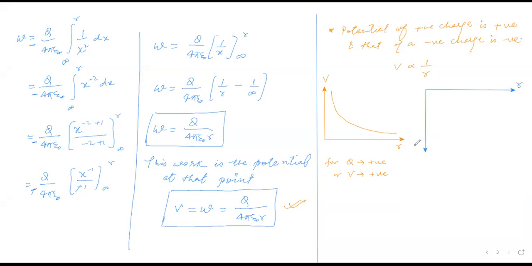This is your R, and now this is your minus of V. This is the graph for it. Note it down, please, for Q negative, or you can say V negative.